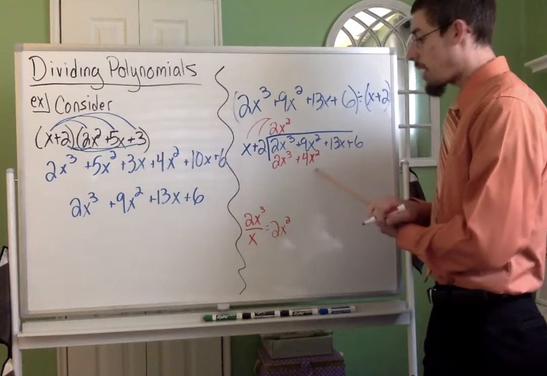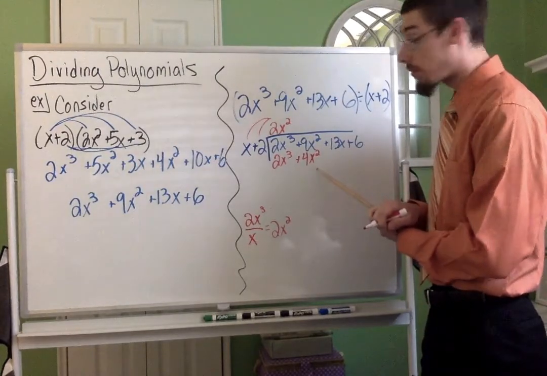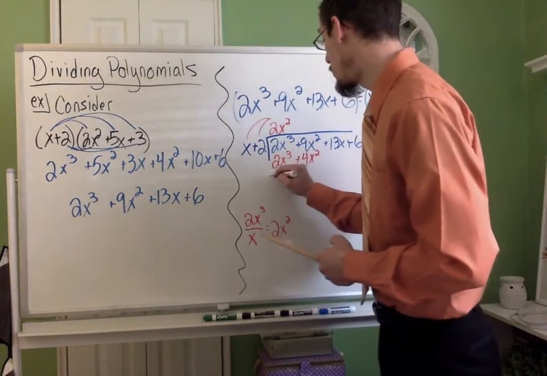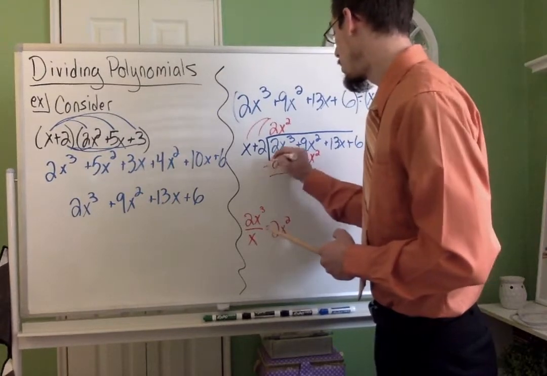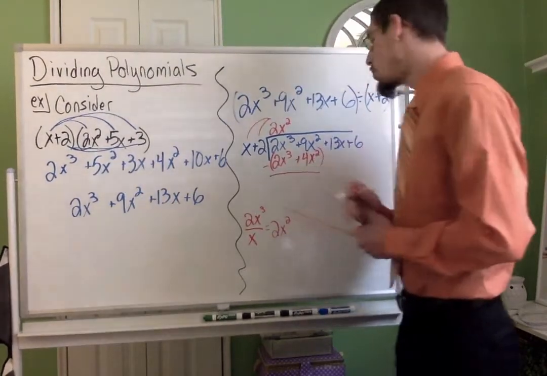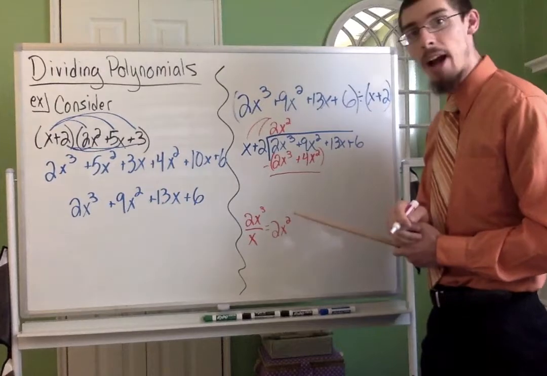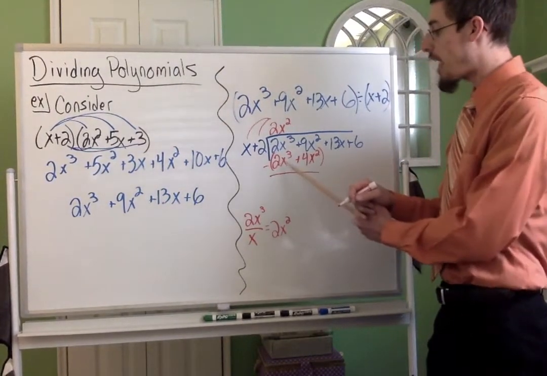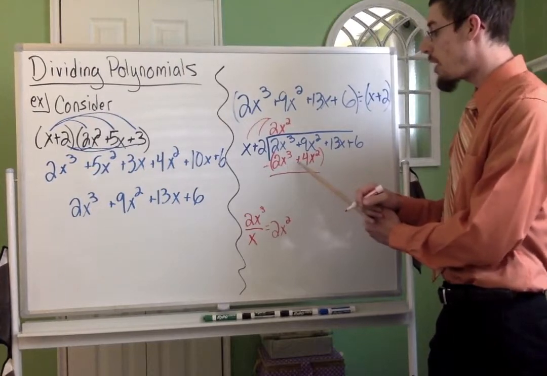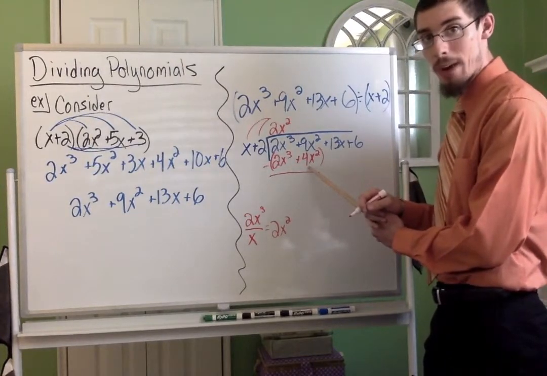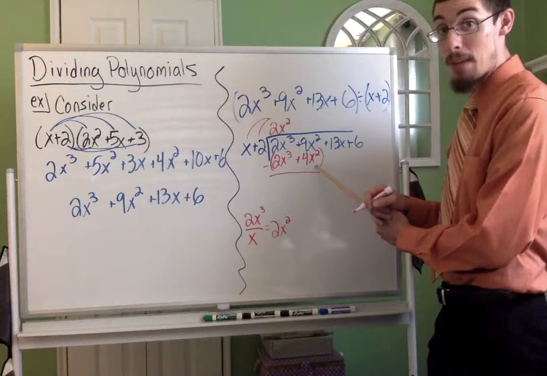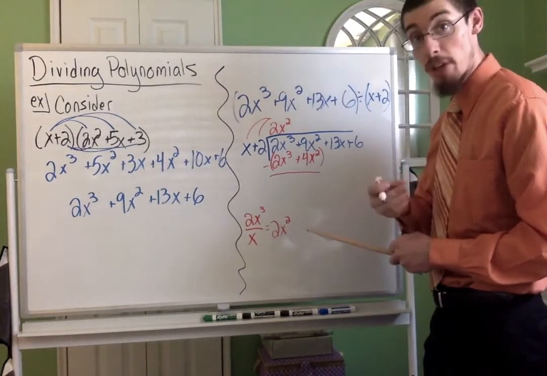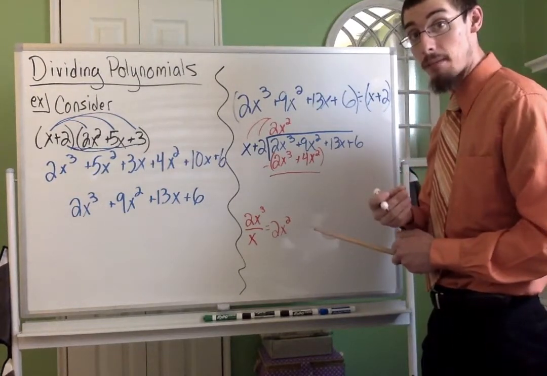Now, I have to subtract. But you have to be careful. You're subtracting an entire binomial here, right? You're subtracting 2x cubed plus 4x squared. What that means is you have to distribute the minus sign.